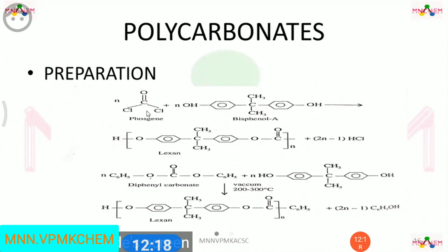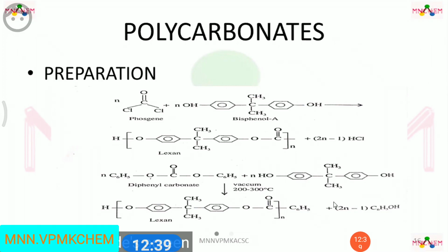Okay. Now phosgene is a gas, and instead of using that highly poisonous gas, diphenyl carbonate can be employed, which again undergoes condensation with bisphenol A, dihydric alcohol, and then gives Lexan formation.